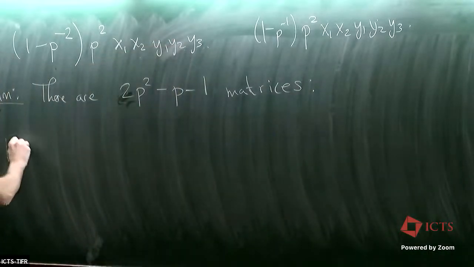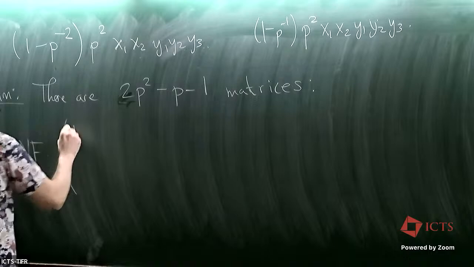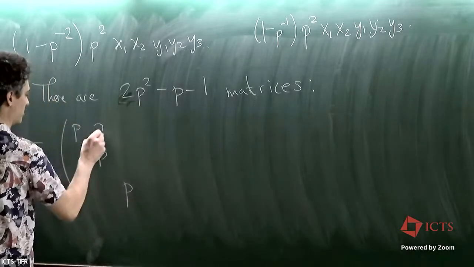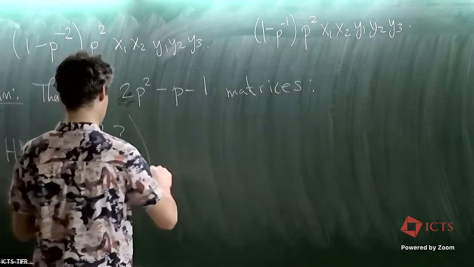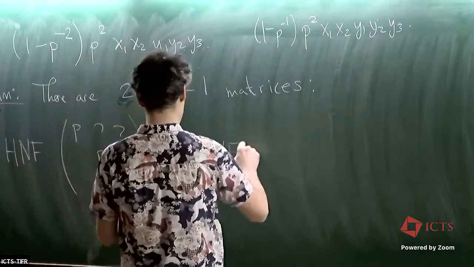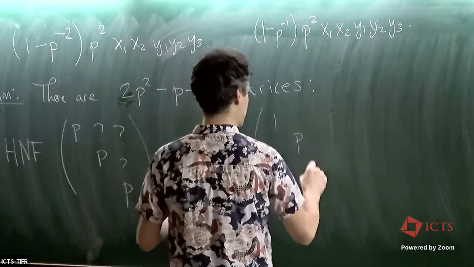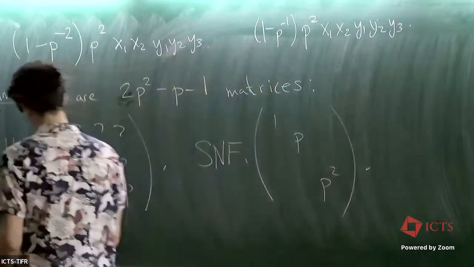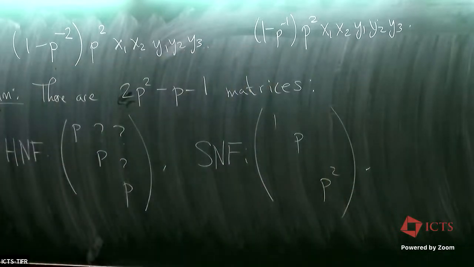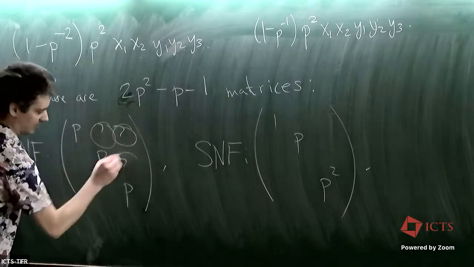As some Hermite normal form, given as p, p, p, question mark, question mark, question mark, i.e. fill in the rest, with Smith normal form 1, p, p squared. By the end of the next lecture, I hope we'll see how to do this. These are question marks. Thank you.